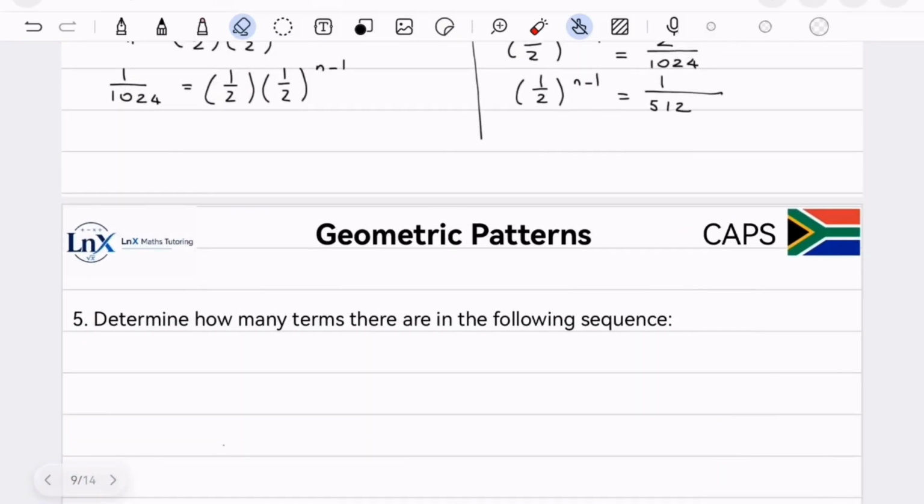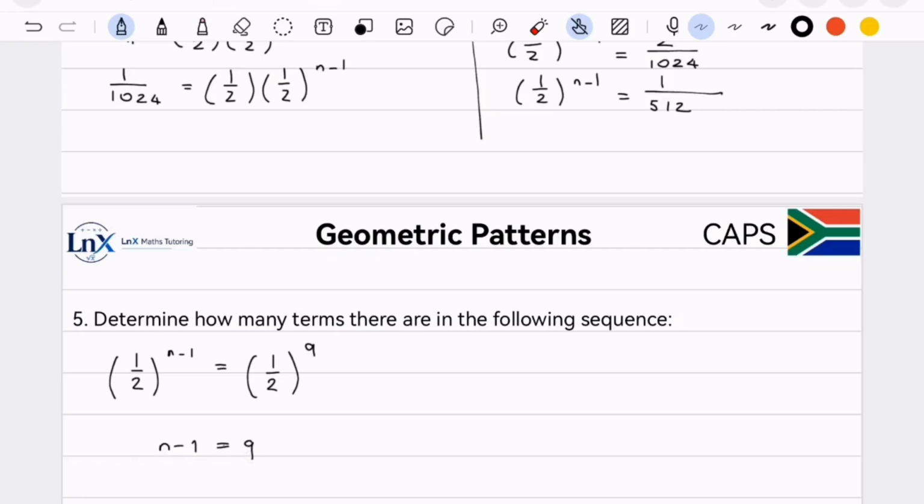We know that 1 over 2 to the power n minus 1 is the same as 1 over 2 to the power of 9. So we have the same base, which means we can then equate our exponents. So n minus 1 equals 9. Therefore, n equals 9 plus 1, which will give us 10.